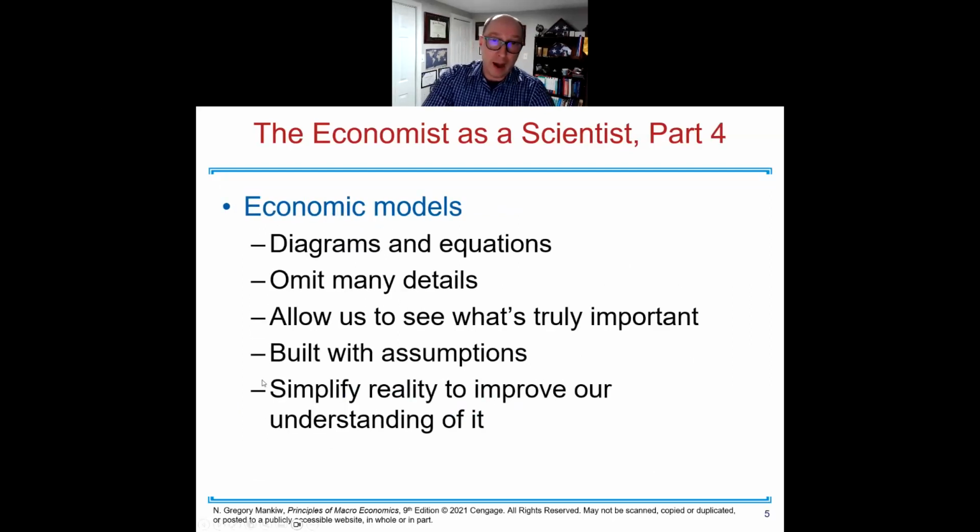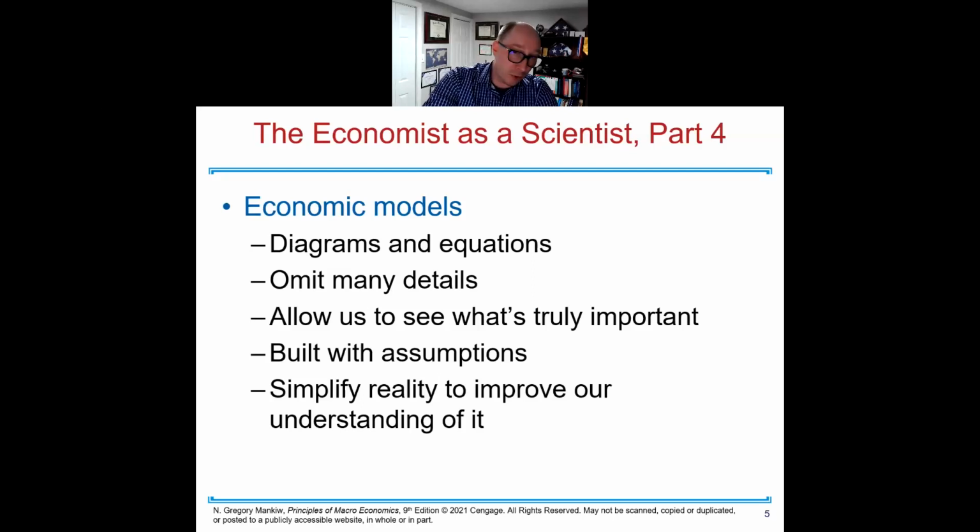A couple of different economic models that we oftentimes look at to understand economics from a visual perspective. We look at diagrams and equations, and sometimes we omit a lot of details because we're only looking at certain aspects, to make assumptions.